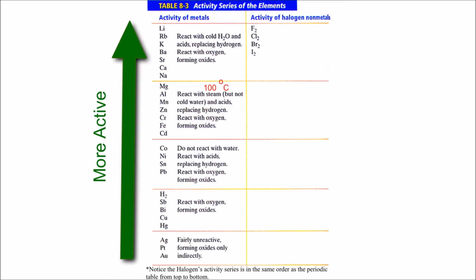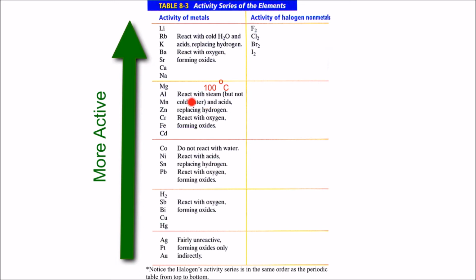Water is going to boil at 100 degrees Celsius, and that's when it's going to turn into steam. So if they give you a temperature in the reaction, and that temperature is 100 degrees Celsius or greater, then you're going to have steam or gaseous water, but not cold water. Cold water we're going to consider to be anything less than 100 degrees Celsius.